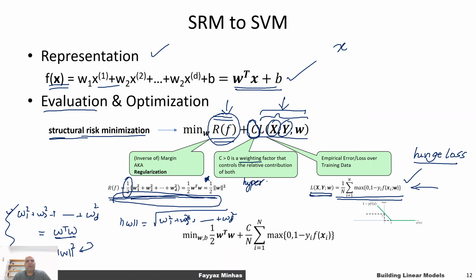Remember, the parameters of a classifier are the weights and the biases that we have. And this becomes a hyperparameter because this is something that is not optimized. It's something that you need to specify.